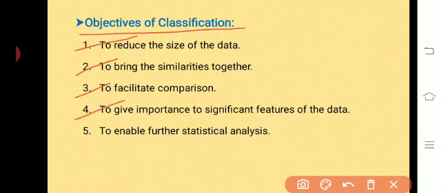Unnecessary and irrelevant details in the data are eliminated at the time of classification and make the data more precise and compact. Then the last objective is to enable further statistical analysis. Classification of the data enables us further statistical analysis and hence to draw meaningful conclusions.